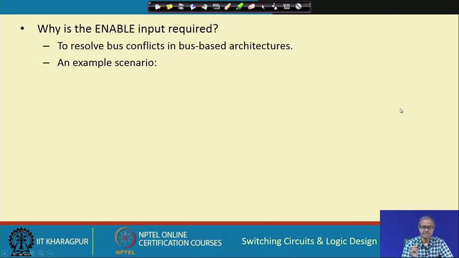Now, let us take a concrete example where this kind of enable input is actually required. There are numerous examples where you do not have a single register, but many registers. You can take the data from any one of the registers and you want to send it over a common bus to some other place.